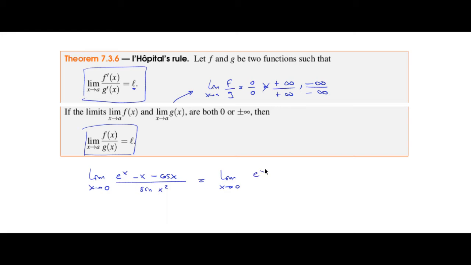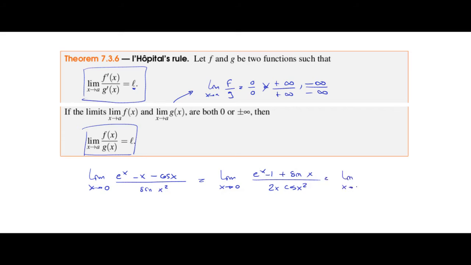So this is e to the x plus the sine of x, divided by, and then we have 2x cosine of x squared. Okay, this is the chain rule. We have the derivative of this times the derivative of the sine at x squared, right? And now we have 1 plus 0 divided by 0. Again, the derivative, 0 divided by 0.